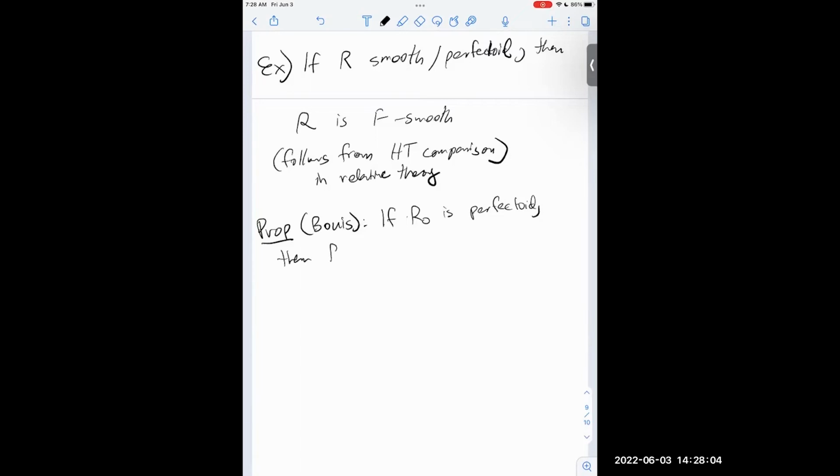A ring R over R0 is F-smooth if and only if we have the following two conditions. First of all, if we take the cotangent complex of R over R0, and everything is p-complete, then this is p-completely flat. To be careful, I'm going to assume everything is quasi-syntomic to begin with.